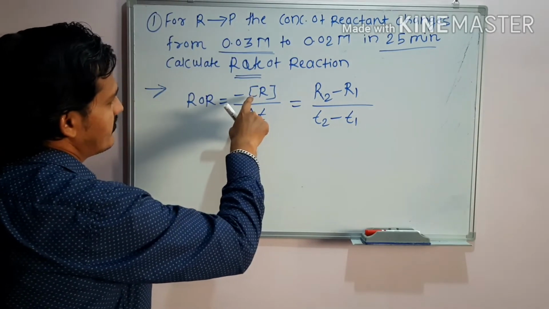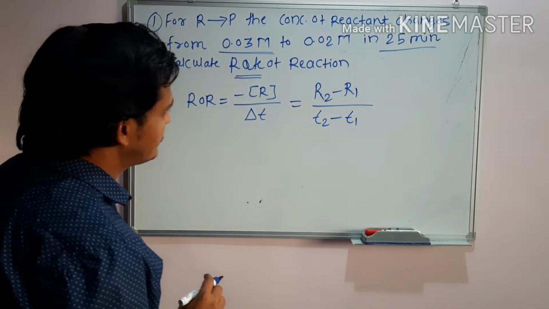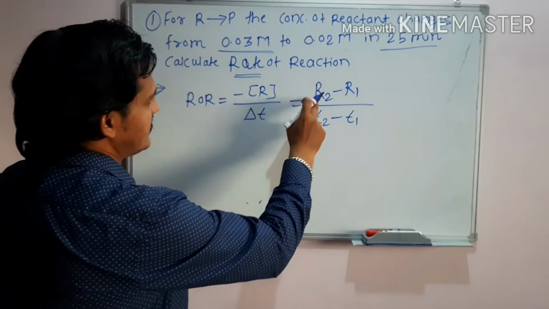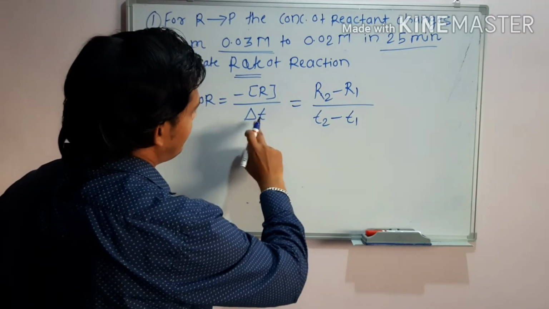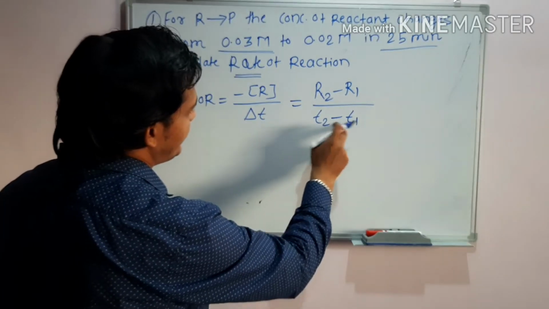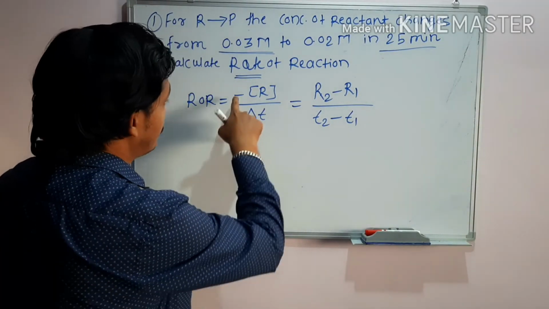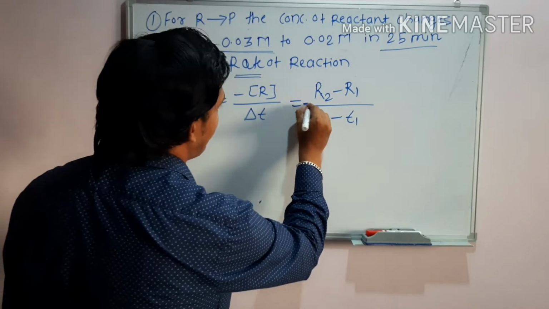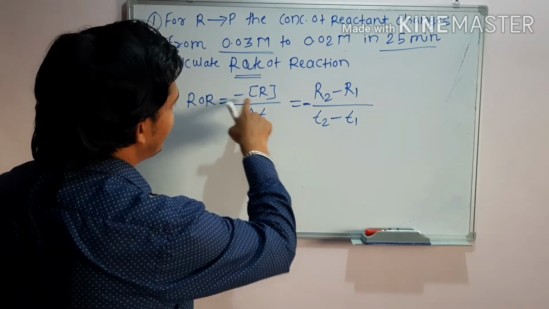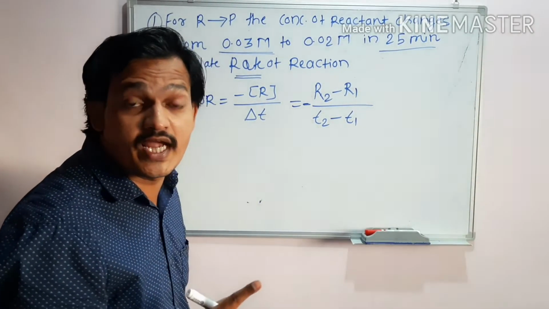Molar concentration is always expressed in square brackets. So the change is given by R2 minus R1, and this change del is given by T2 minus T1. So what is the value? The negative sign I was forgetting here: minus R2 minus R1, because the negative sign is added to the reactant side.